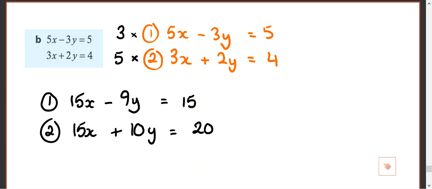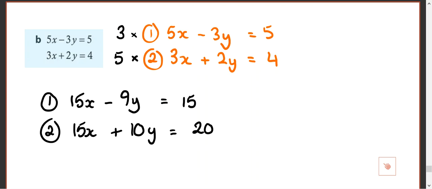While you're writing that, let me say, I haven't eliminated anything off the page yet, but what I have done is eliminate x as a cause for the change in the answer. Why have I done that? Because they're the same. This 15x and this 15x are exactly the same thing.